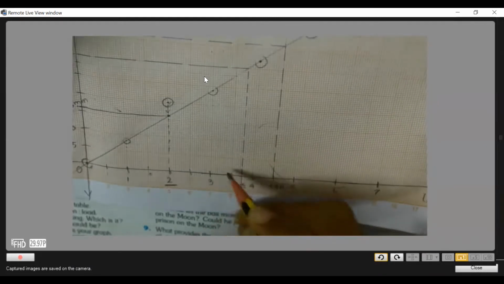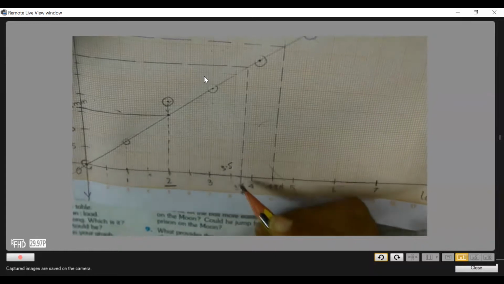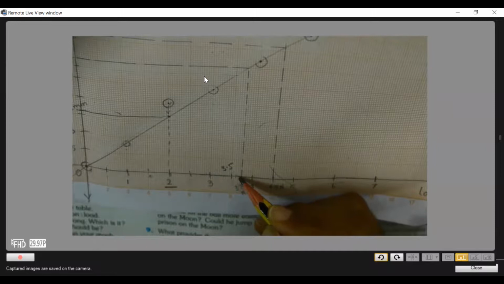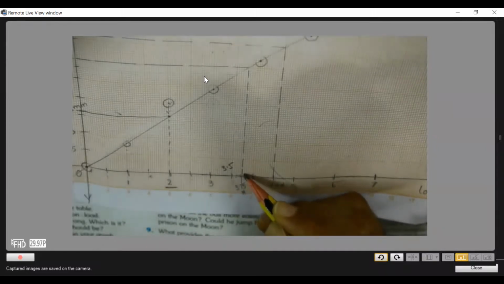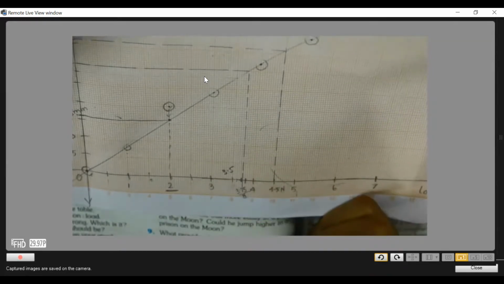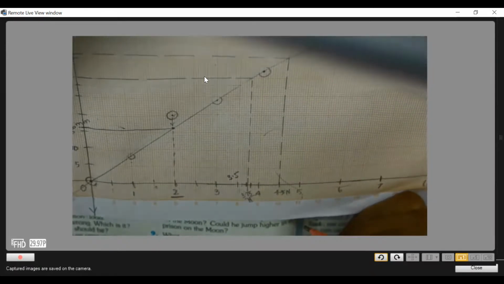Exactly in between, we have 3.5. Then I count these boxes, 3.6, 3.7, and then exactly between 3.7 and 3.8 is 3.75. So that is my answer. Can you see me? Can you understand how I am working this out?